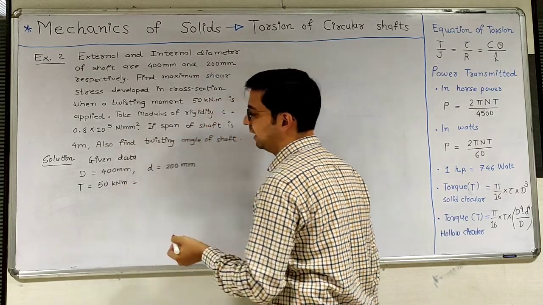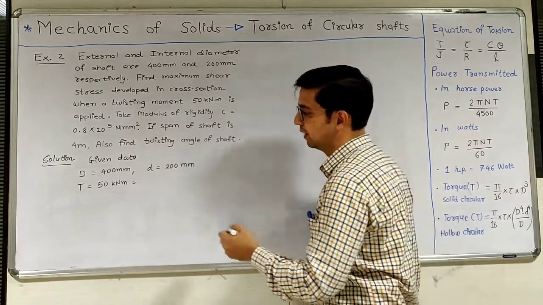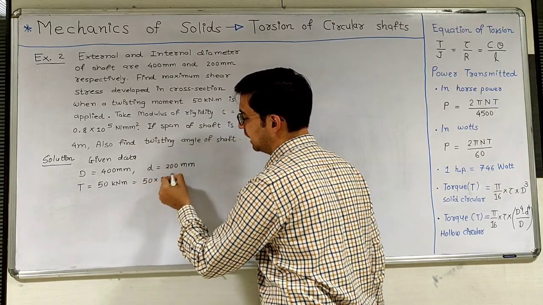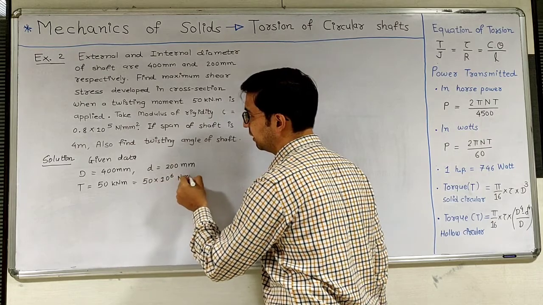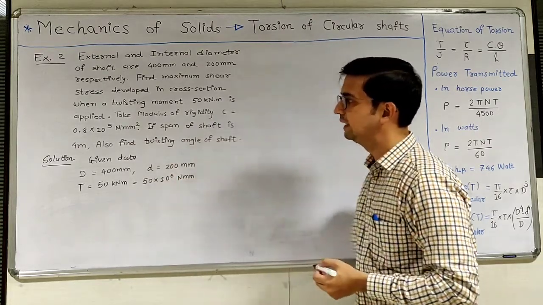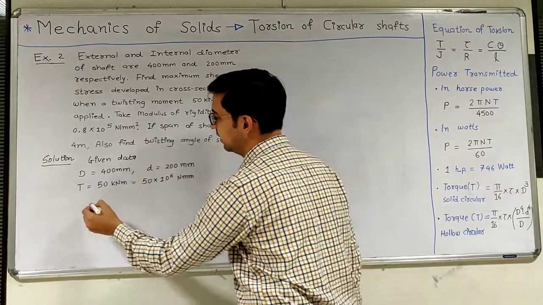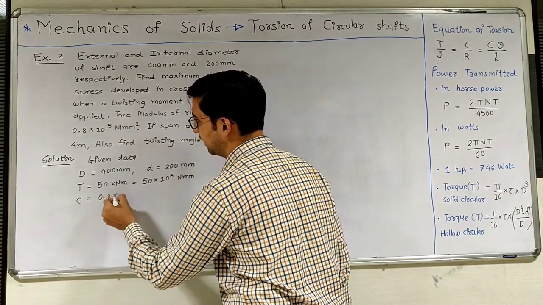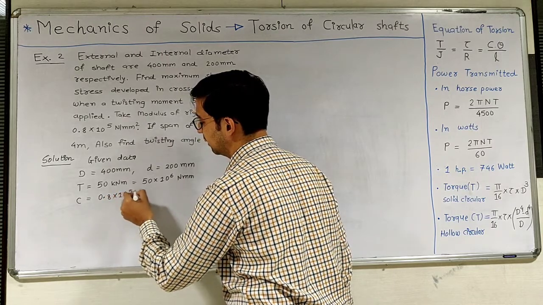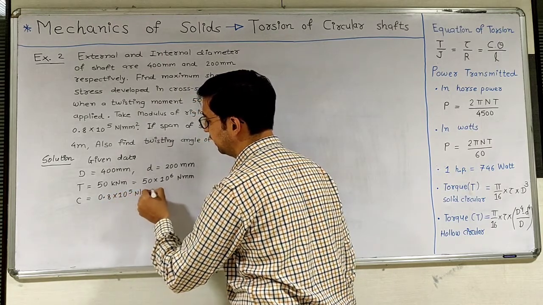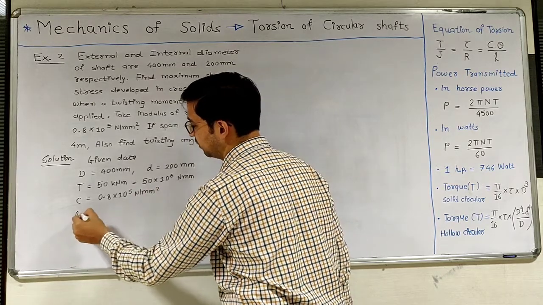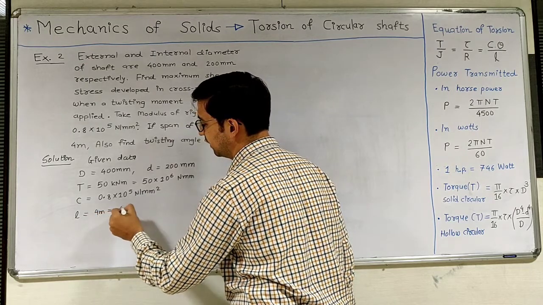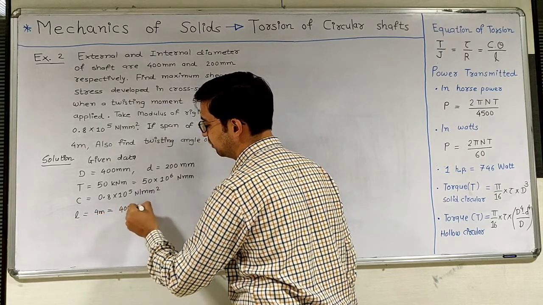Convert that moment into Newton into mm, so 50 into 10 raised to 6 Newton into mm. Next, the modulus of rigidity, indicated by capital C, is 0.8 into 10 raised to 5 Newton per mm square. The span of the shaft is 4 meter, so convert into mm, so 4000 mm.